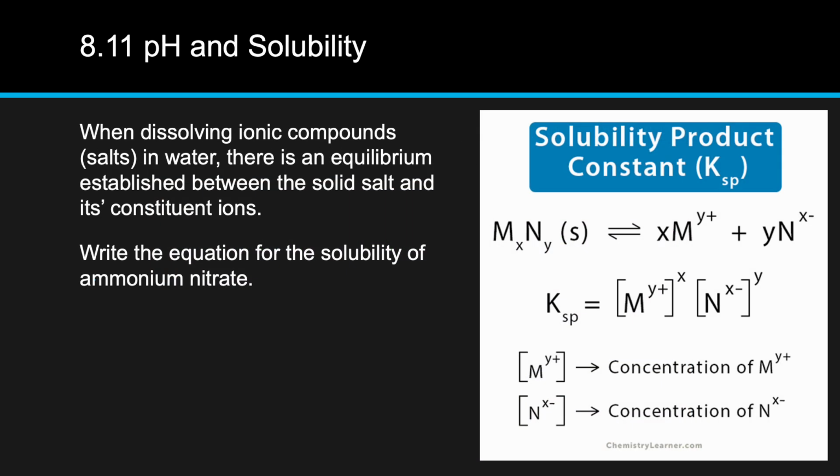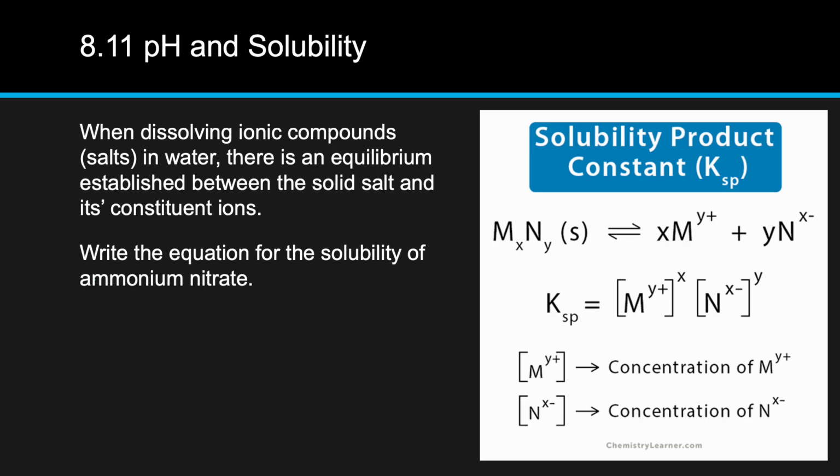So with this lesson, we work a lot with the dissolution of an ionic compound or a salt. So you do have to remember how to actually write out that equation. And that brings us back to when we learned about Ksp, or the solubility product constant. Remember when we did Ksp, you had your solid salt as your reactant, and then on the product side, you had your constituent ions.